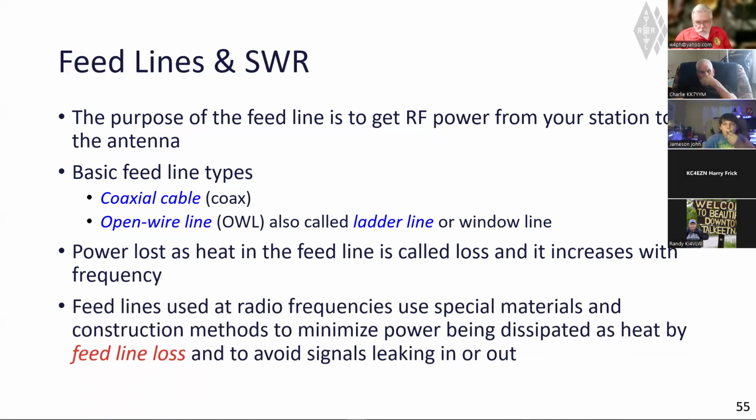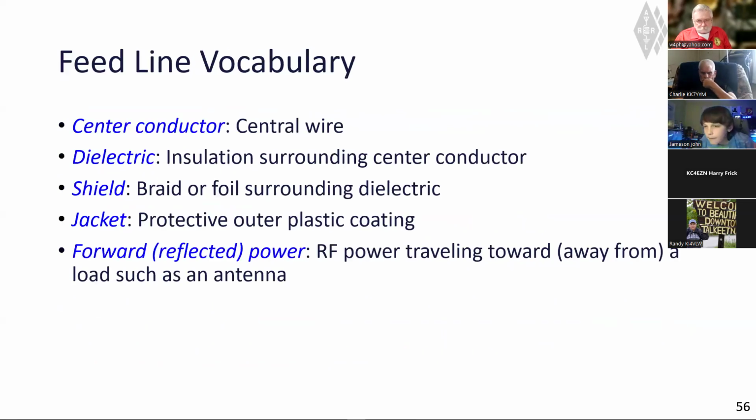Feed lines used at radio frequencies use special materials and construction methods to minimize power being dissipated as heat by feed line loss and to avoid signals leaking in or out. Feed line vocabulary: center conductor is the central wire.